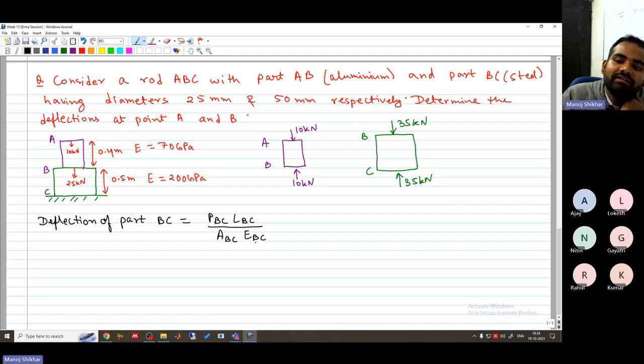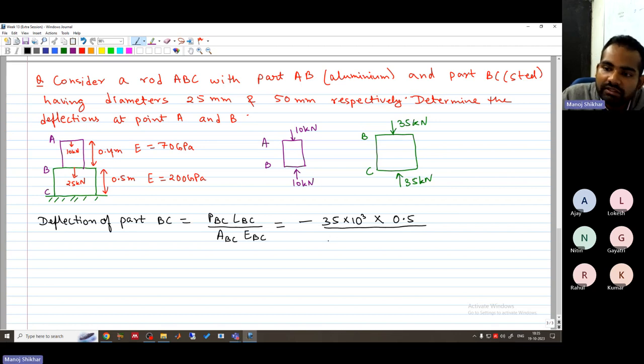So this is basically PL by AE, but here E and area are varying, length is varying, even the load is varying. So we are writing P_BC, L_BC, A_BC, and E_BC. So start putting everything. The compressive loading is there, so a minus sign will be there with the load. So minus 35 into 10 power 3. The length is 0.5 meters.